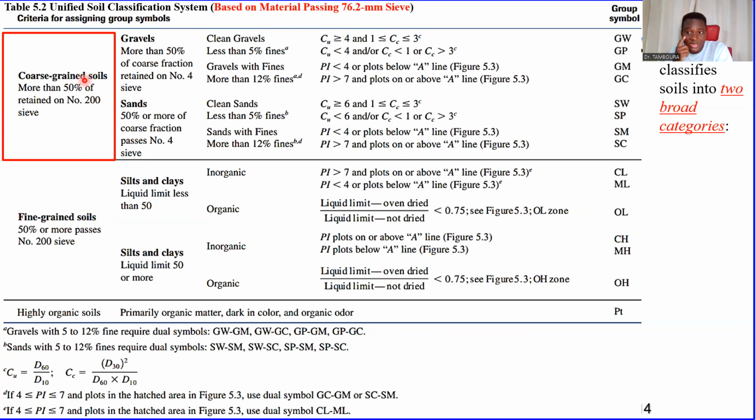I just told you about it, and I told you I need you to remember. Okay? If more than 50% of the soil is retained on this sieve 200, more than 50%, then we will have coarse-grained soil. It means the soil will be like sand or gravel. Okay?